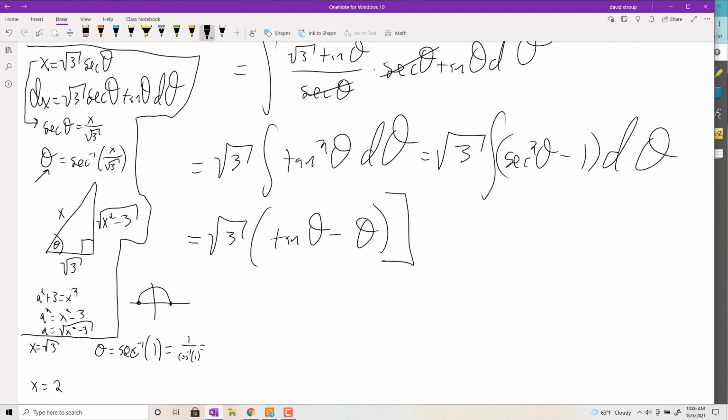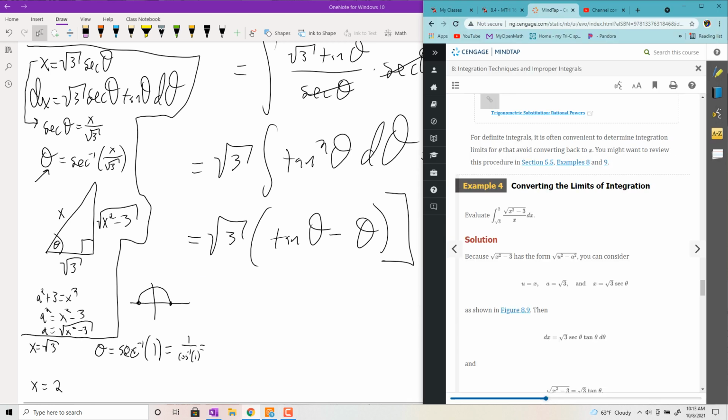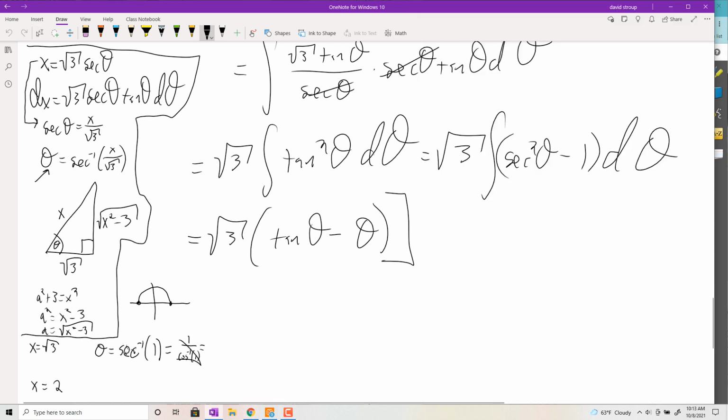So cosine inverse of 1... yeah, so no, this is not true. That presumption, you cannot make that. Let's think about what cosine is and what secant is and what inverse secant is. So the cosine function, and then the secant function is going to live off of cosine like this.